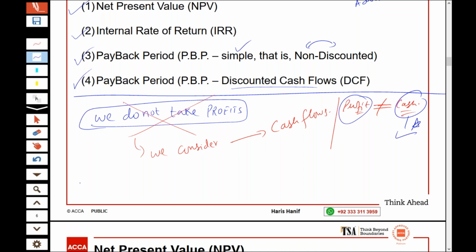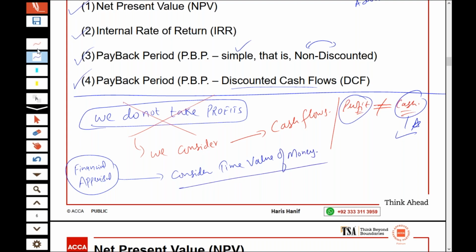So these financial appraisal techniques consider the time value of money, and money means cash, not profits.